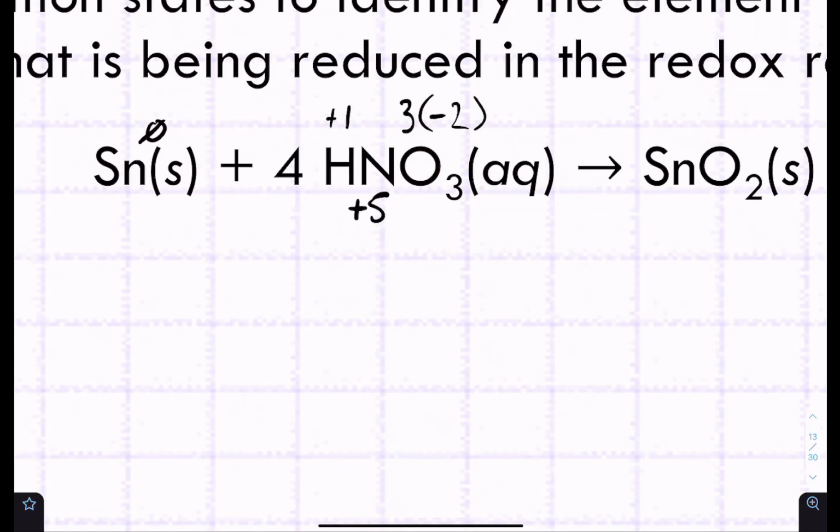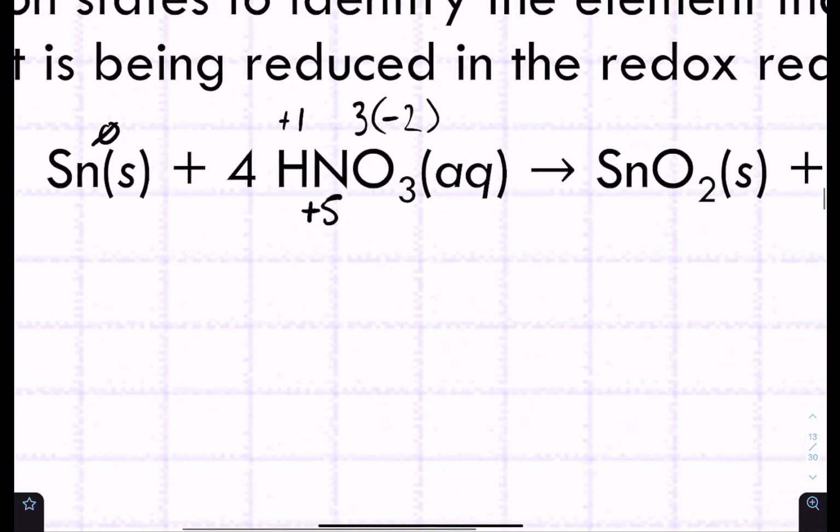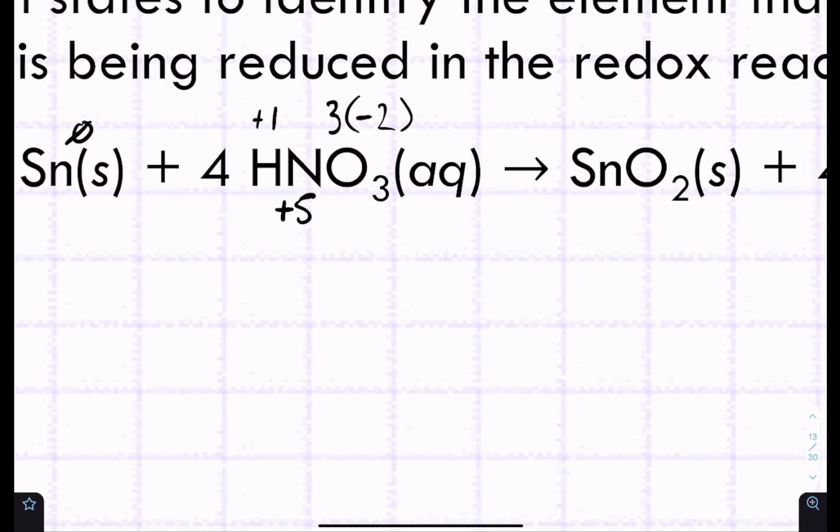Okay, so those are our 2 reactants. So for our products now, we have tin oxide. And again, we can look to oxygen first, because we know that tin on the periodic table is in 4A. So we don't know if that's going to have a specific thing, but we know oxygen's really high up on our hierarchy.